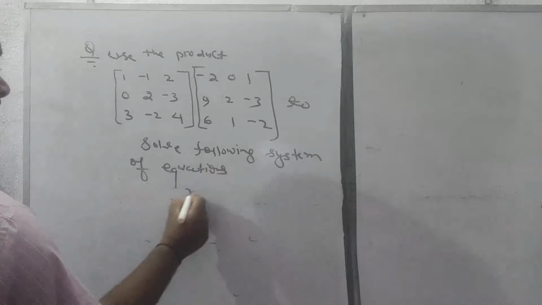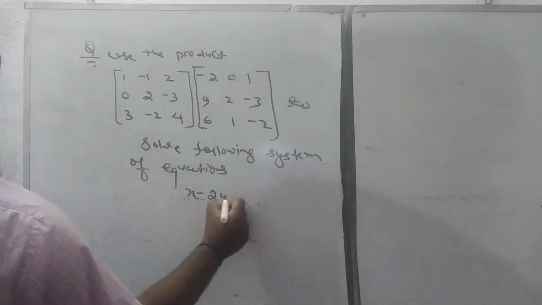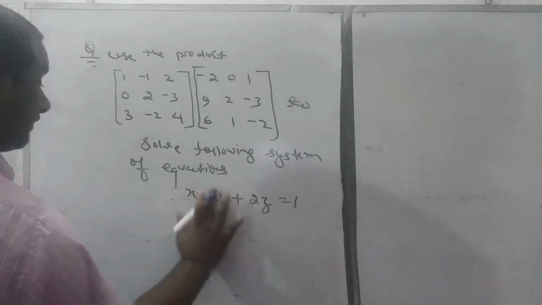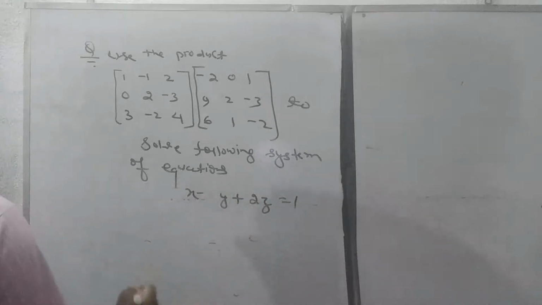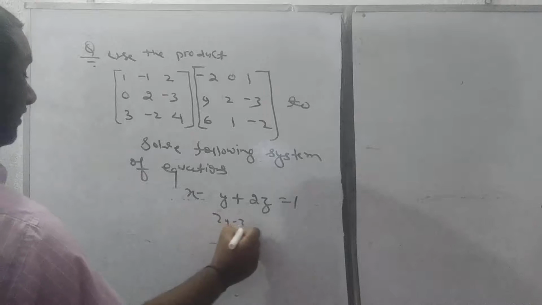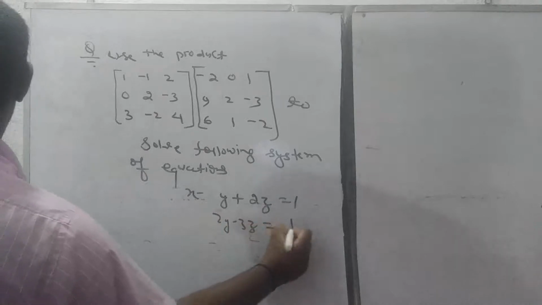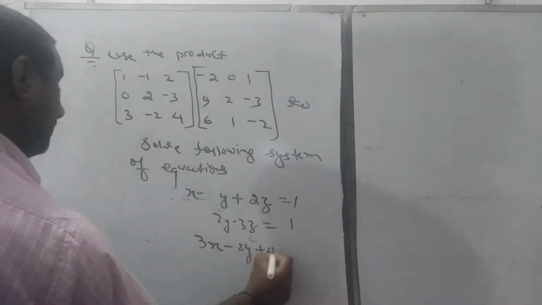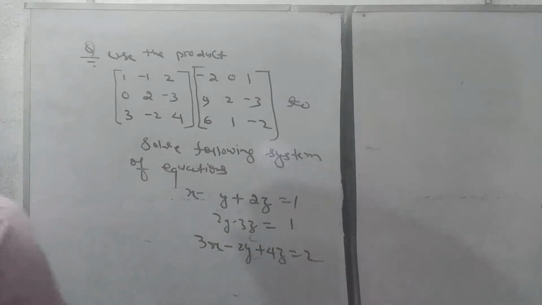The equations are x minus 2y plus 2z is equal to 1. This is x minus y, not 2y. 2y minus 3z is equal to 1. 3x minus 2y plus 4z is equal to 2.